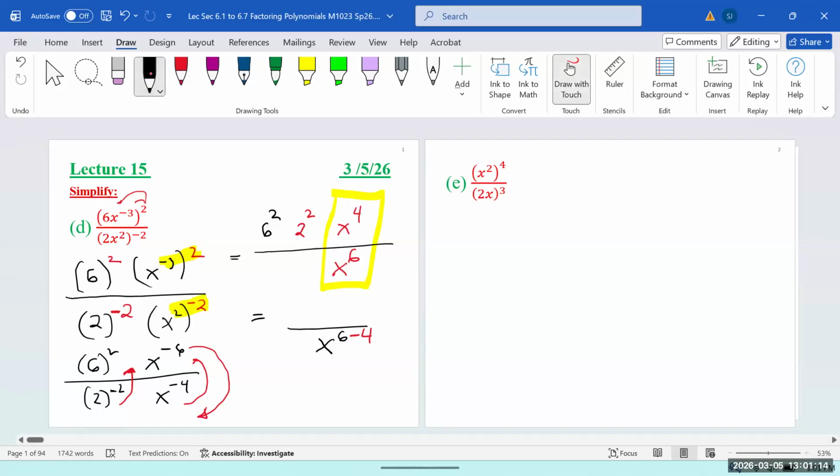And then we do these two. What is 6 squared? 36. And you're multiplying 2 squared. What is 2 squared? 4. And now you have to multiply manually. 36 times 4. 4 times 6 is 24.